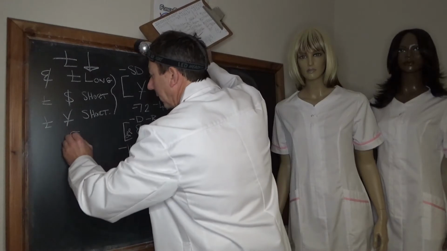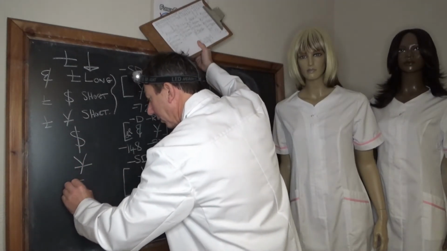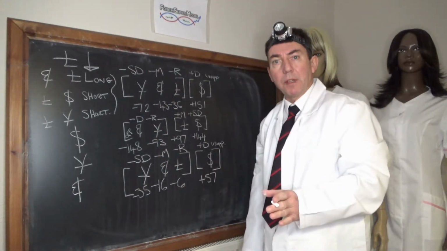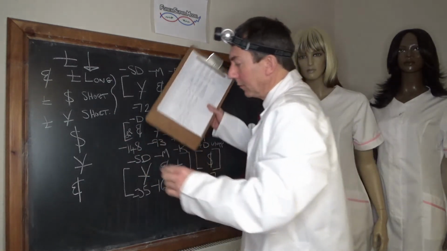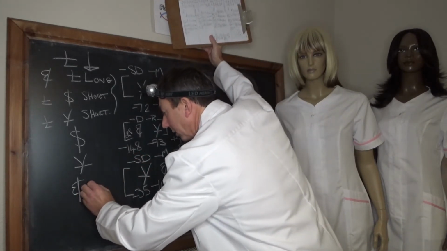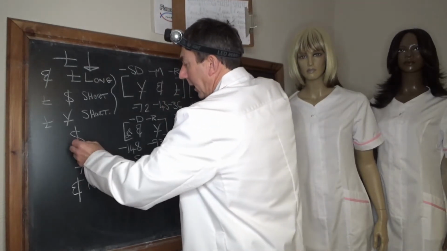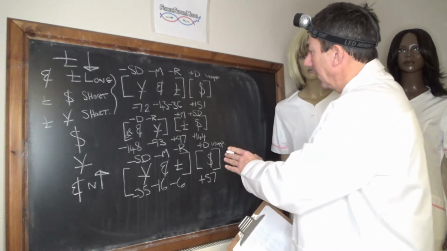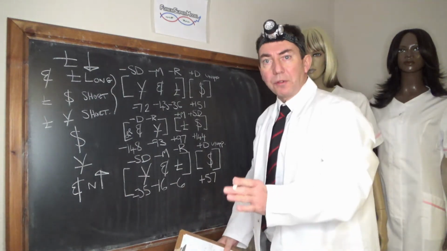So let's look at the other components: dollar, yen, and euro. Now the euro has been under a fair bit of pressure. We're going to get this data coming out today and tomorrow, but we think the euro is pretty cooked to the downside, so we're going to go neutral to up on the euro. And then the dollar, obviously it's had a good ramp up, but that doesn't mean it's finished.